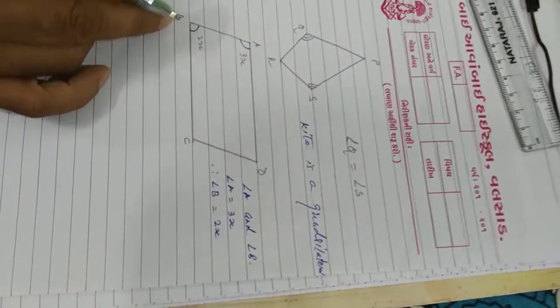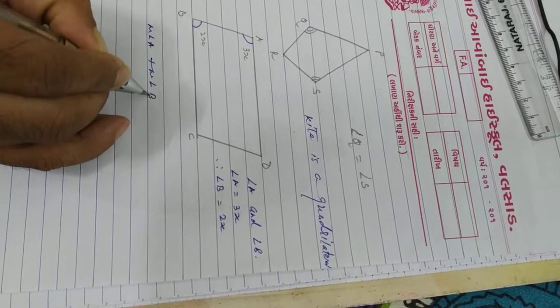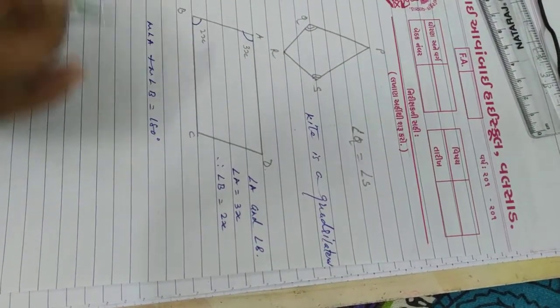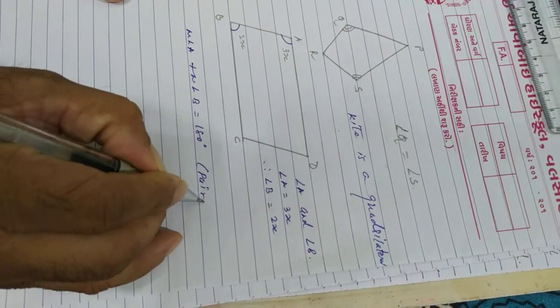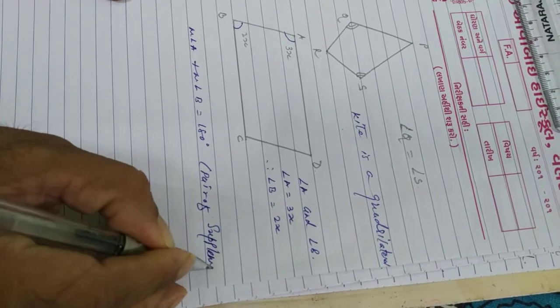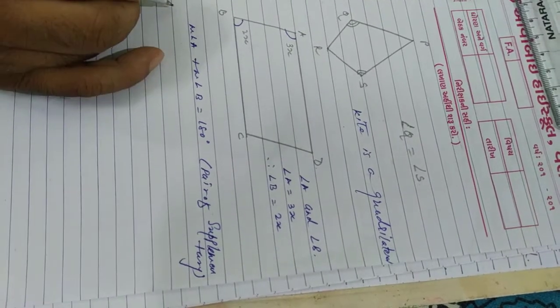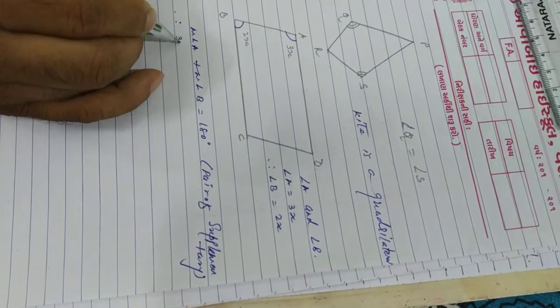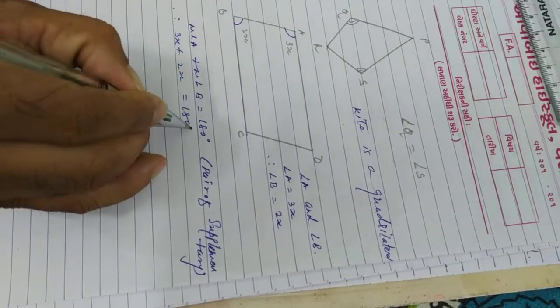So measure angle A plus measure angle B is equal to how many degree? 180 degree. Why? It's a pair of supplementary angles, right? So 3x plus 2x is equal to 180 degree.